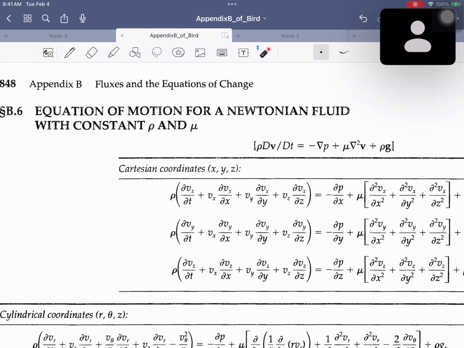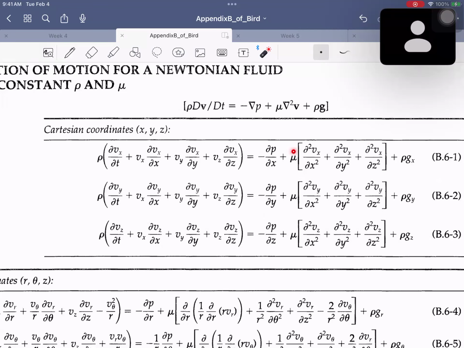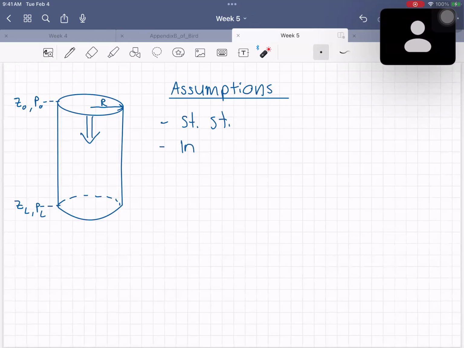You can see on the right-hand side, instead of the shear stress, it will be in the form of velocity now, which will be easier to use, okay? So that's why we want to assume that the liquid in this system is incompressible and Newtonian fluid, all right? It has to be both, okay? Incompressible and Newtonian fluid.